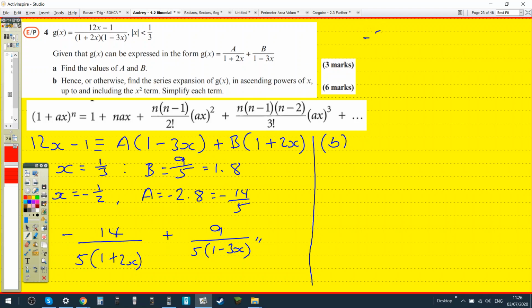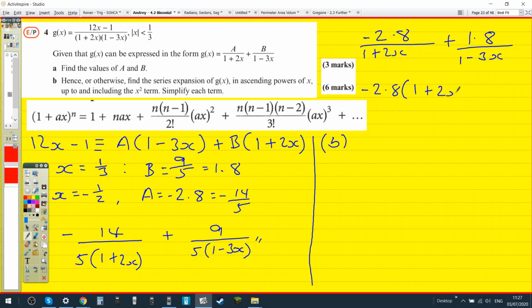So I'll do the other way. Minus 2.8 over 1 plus 2x. Okay, so how do we do this? Do I need to do minus 2.8 times 1 plus 2x to the power of minus 1?